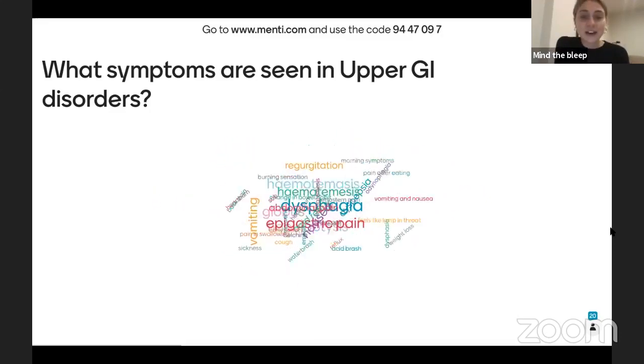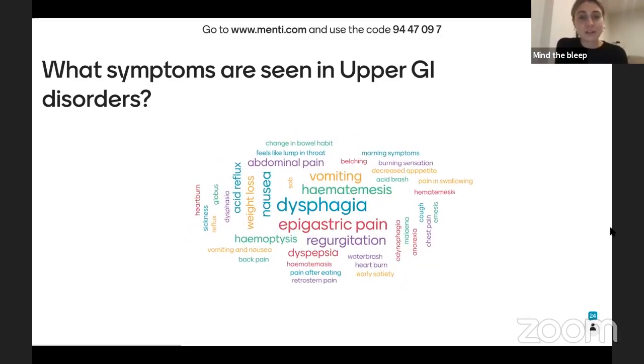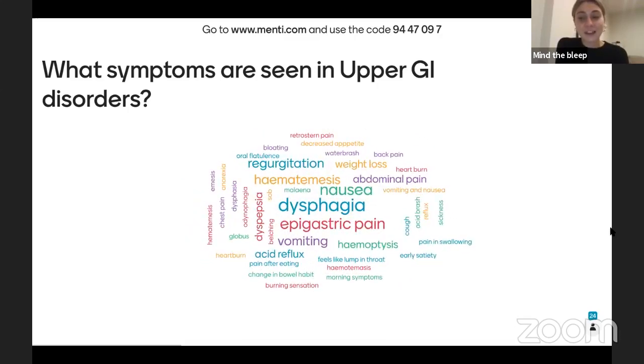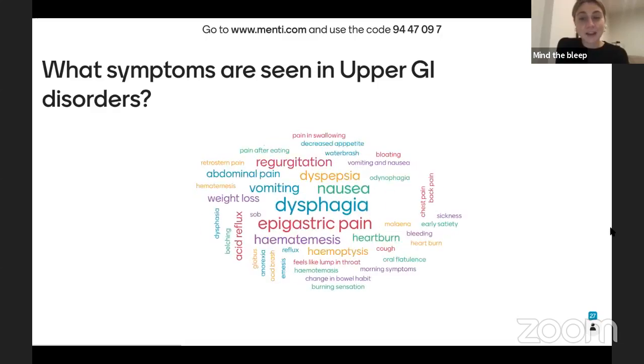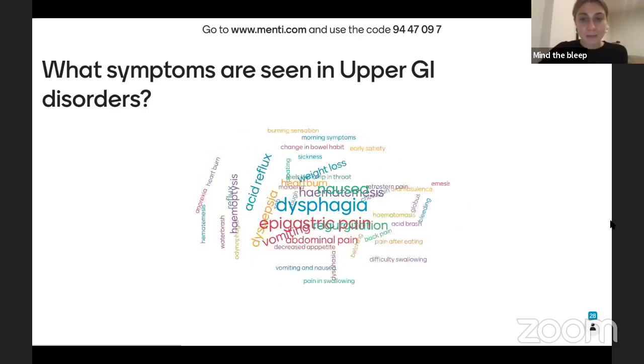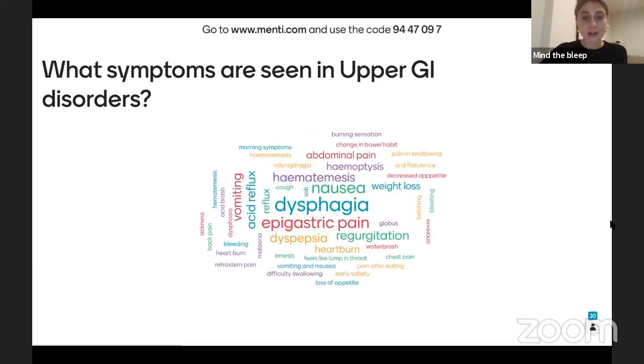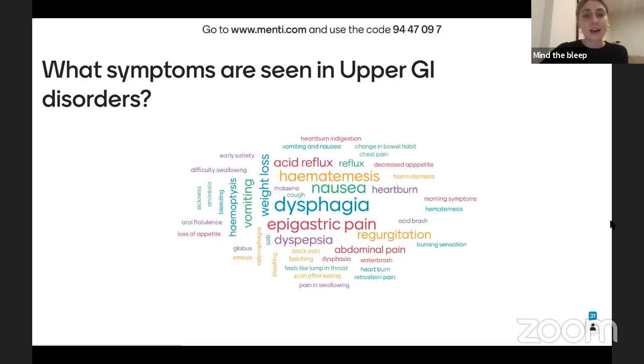So rightly so, other upper GI symptoms will include dysphagia. And that, as I will touch on later, is a red flag symptom. So if a patient presents with a new inability to swallow or difficulty in swallowing, that is a very worrying symptom. But some of the other symptoms we have mentioned, abdominal pain is a very common presentation in upper GI problems.